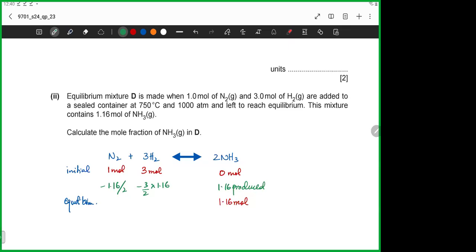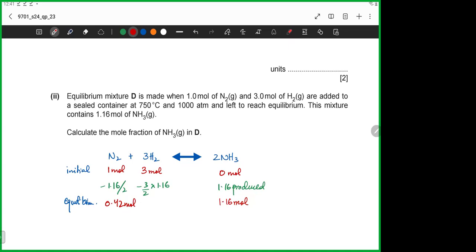It's going to be 1 minus 1.16 divided by 2, which gives us 0.42. And what's the other one?